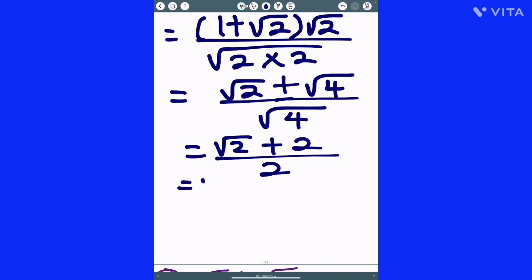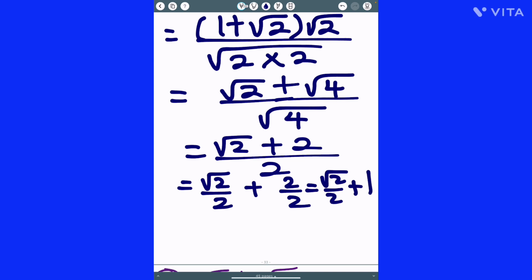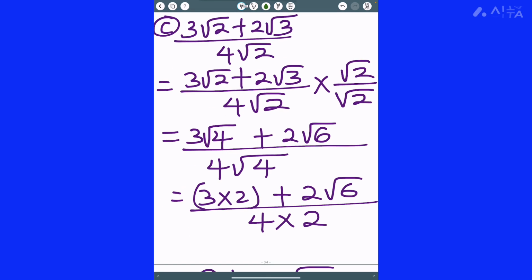If I split denominators, I will get root 2 over 2 plus 2 over 2, and that gives root 2 over 2 plus 1. Rearranging, that will give me 1 plus root 2 over 2. That's the answer to question B.